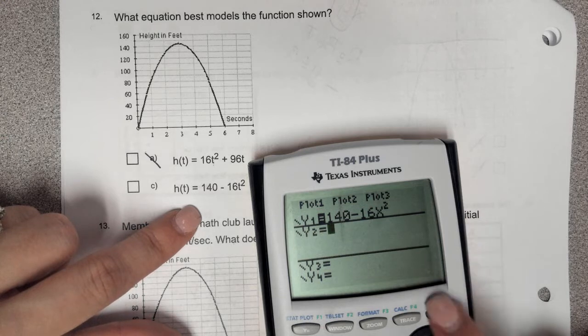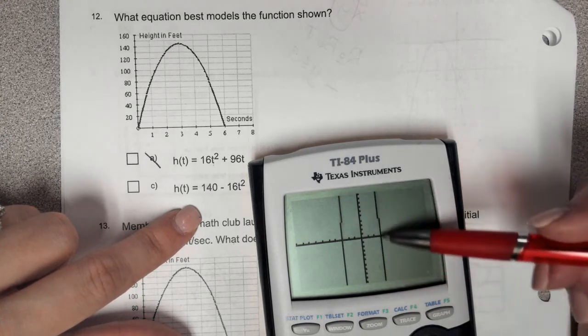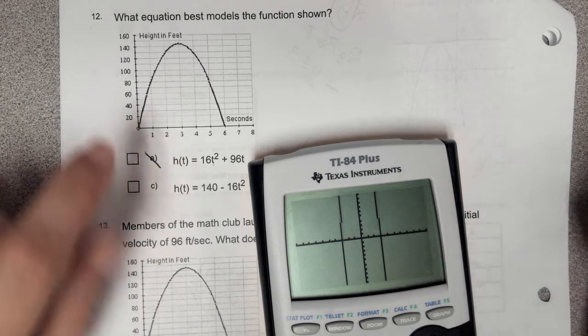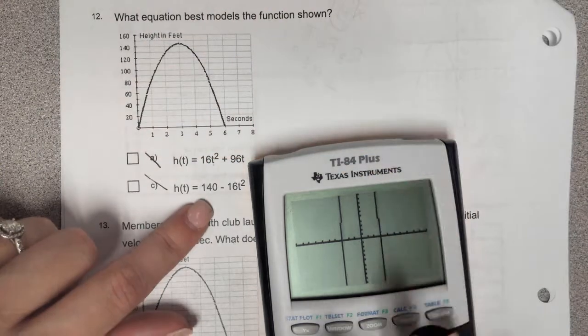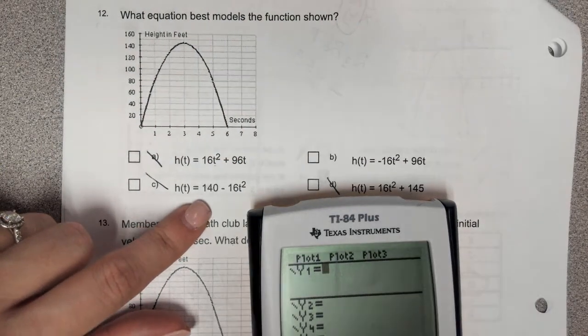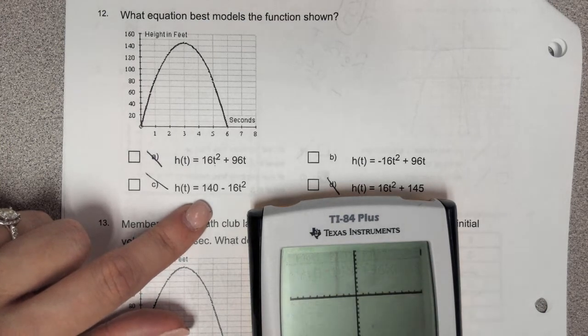If I look at the graph, all I see is something over here on this side, and then it's hitting at about 3 seconds. That is not what is happening here. Let's see for this one. Negative 16x squared plus 96x.